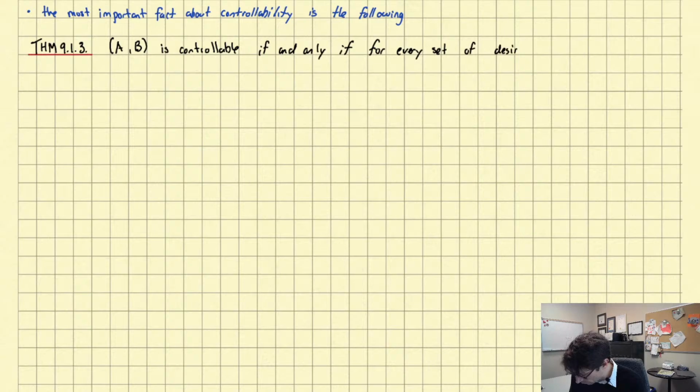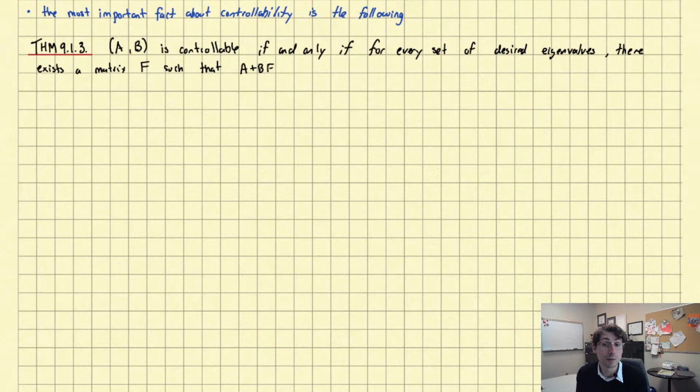Remember, A plus BF is the closed loop system after we apply the state feedback. So it's sort of like a state space version of our pole placement idea.